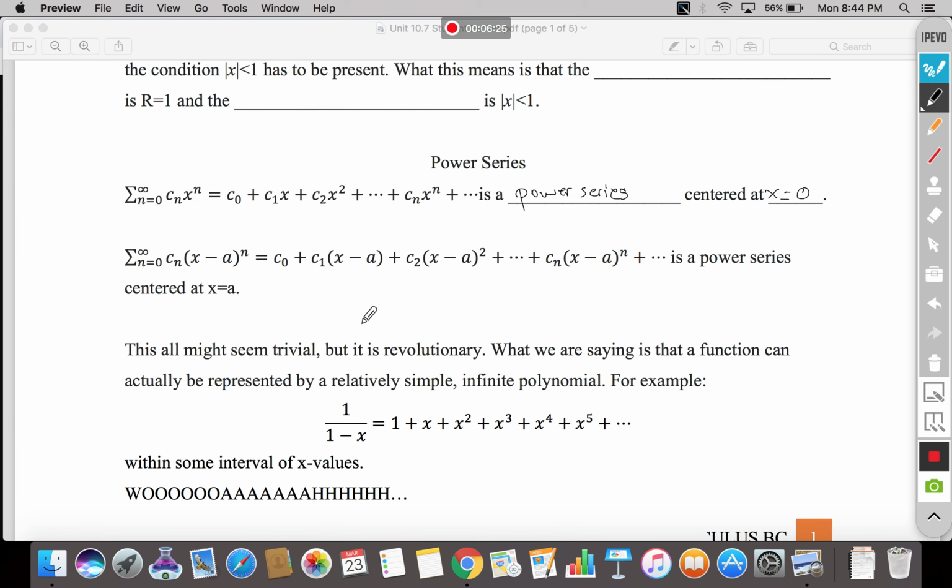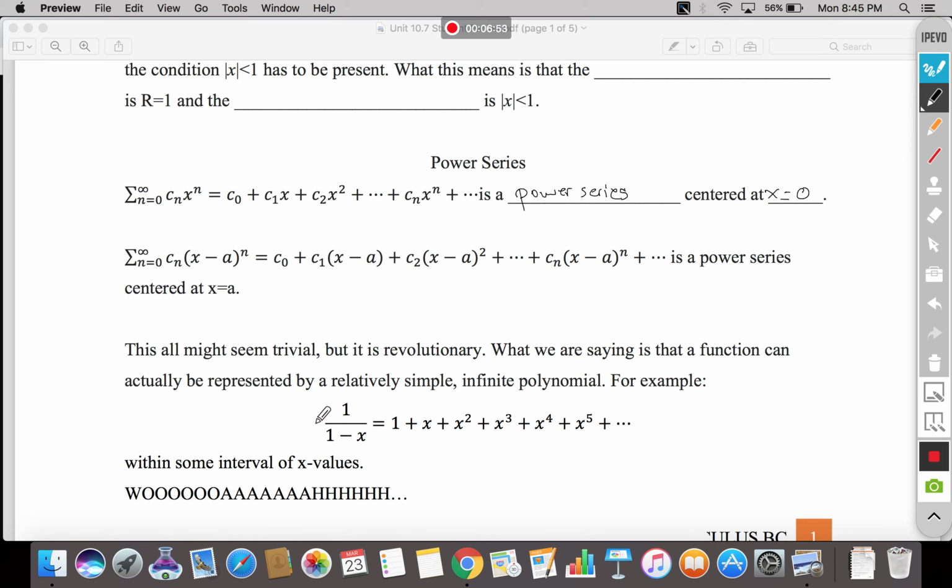Now, this idea of power series, or the fact that the series of x to the n equals 1 over 1 minus x, may seem really trivial. But this is actually incredibly important and useful mathematically. Essentially, a slightly complicated function like this can be represented, at least to some extent, by a very simple infinite polynomial.